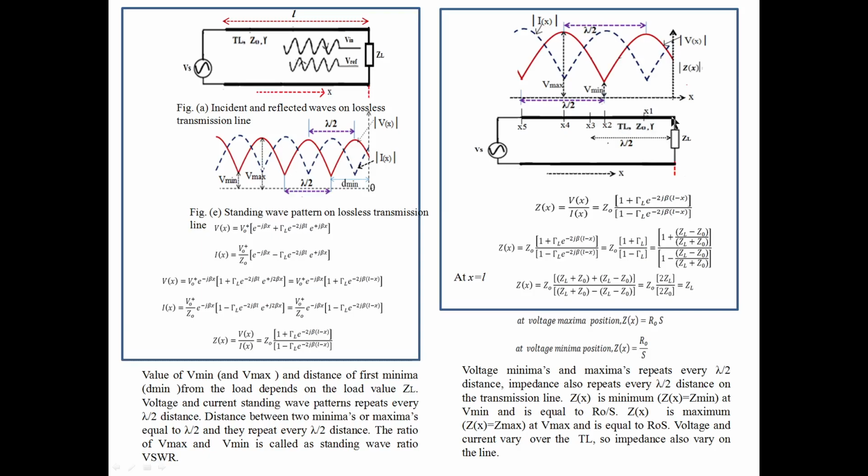Whatever the variation of impedance here, as you move like this, you take any distance d. If you know the distance from the load, you can easily find the impedance at that particular position, from the Smith chart. So how to do that, we will see from the Smith chart.